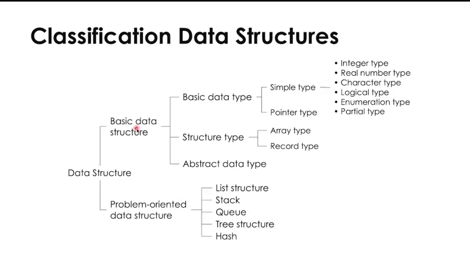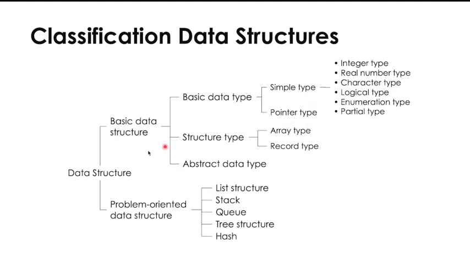Next, these are the classifications of data structure. There are two: the basic data structure, which falls into three lower categories: basic data type, structured type, and the abstract data type. Here, the basic data type, simple type, these are the most basic or fundamentals, as you will see later.